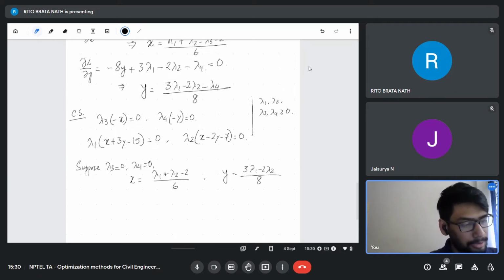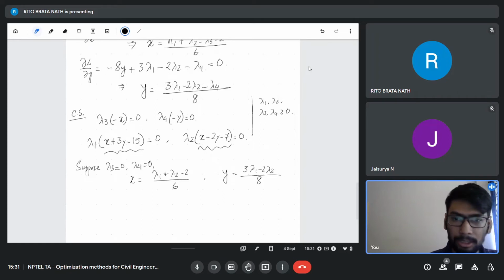Now you can put this x and y back in here in terms of lambda 1 and lambda 2. And you can assume that lambda 1 and lambda 2 are not equal to 0, and you will get two equations and two unknowns, lambda 1 and lambda 2. And you can solve this and get to the final answer.